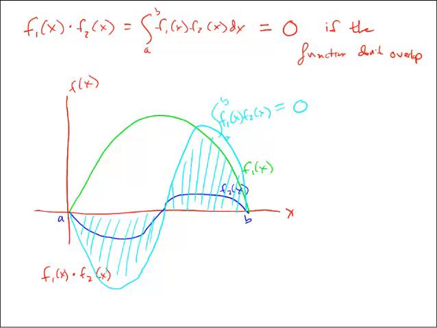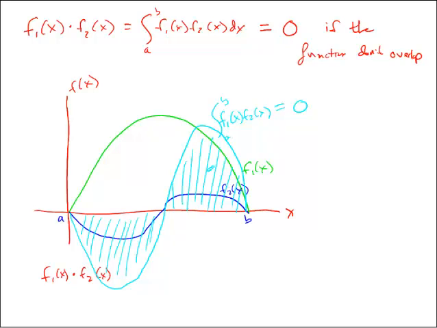Why is the answer 0? Well, the first lobe is under the x-axis, so that's a negative area. And the second lobe is above the x-axis, so that's a positive area. And since the functions were at least supposed to be kind of symmetric, the area underneath the x-axis cancels out the area above the x-axis, which means that the integral is 0.